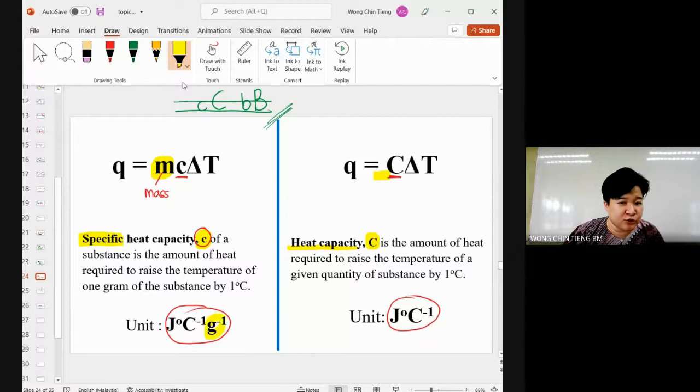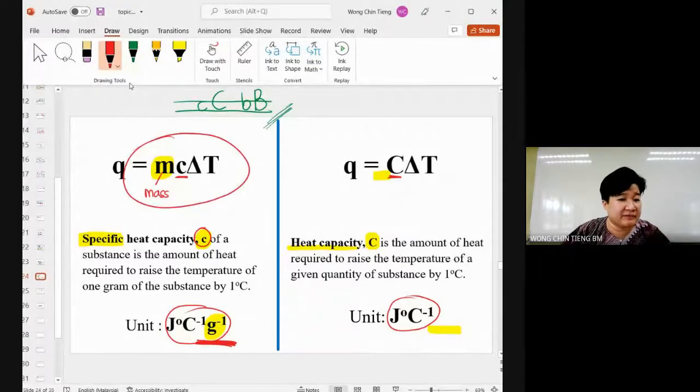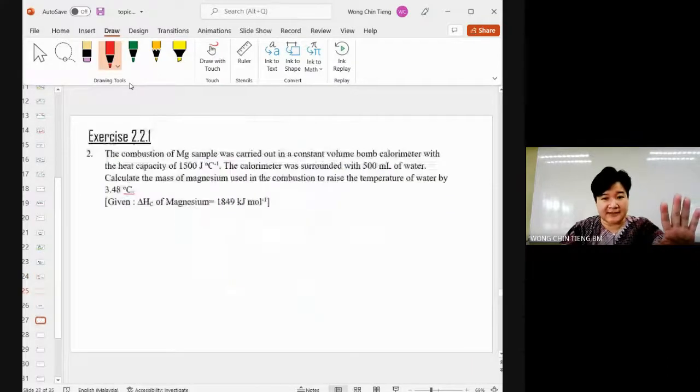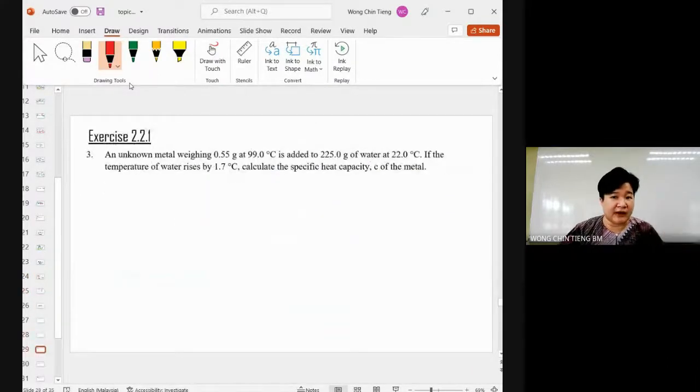Cuba kamu tengok kalau dia C kecil. Nampak tak ada mass? Gram -1. Kalau C besar, ada tak mass? Tak ada. So automatically when I have a gram -1, I have a mass, I know my formula need to have the mass. See that? Tak payah saya nak nota. I just want to go through very randomly.